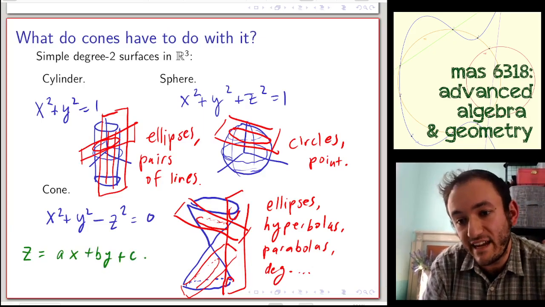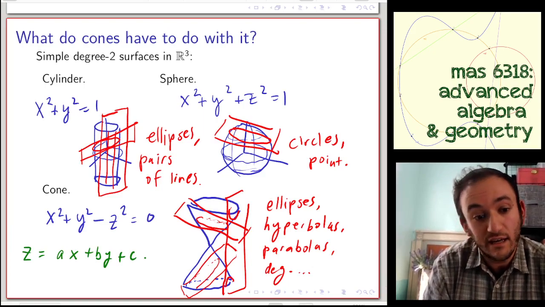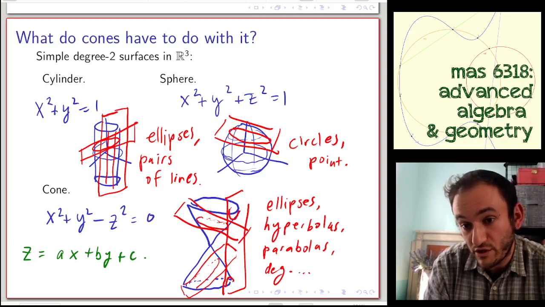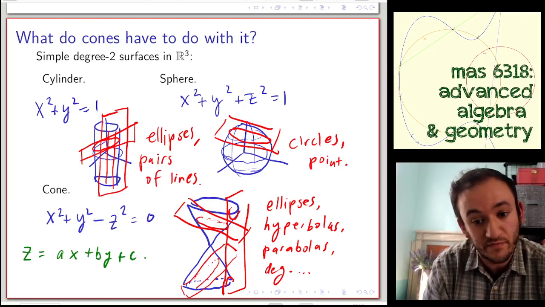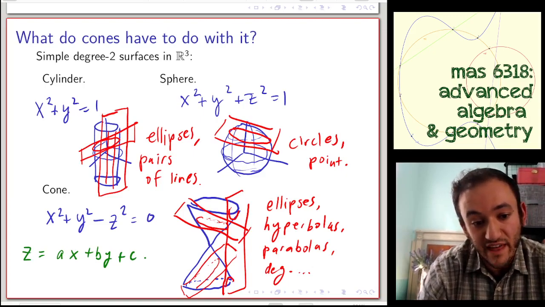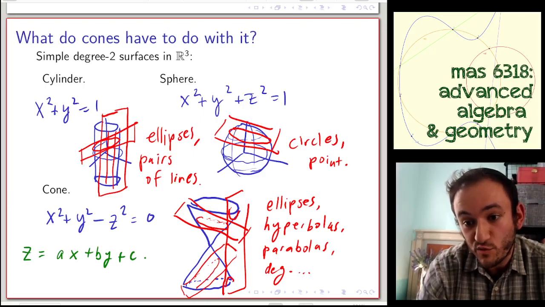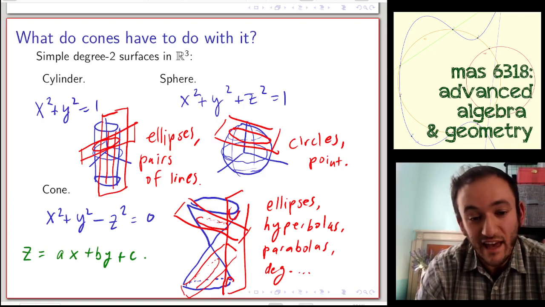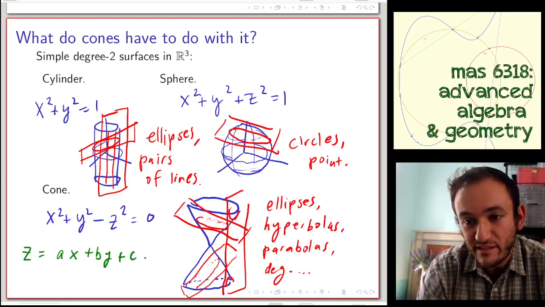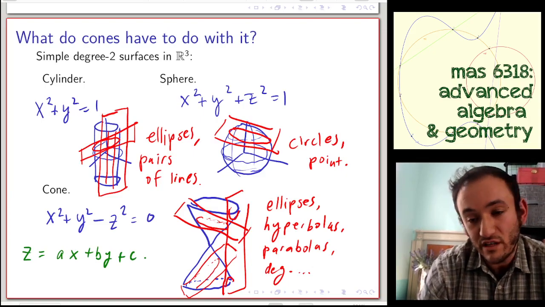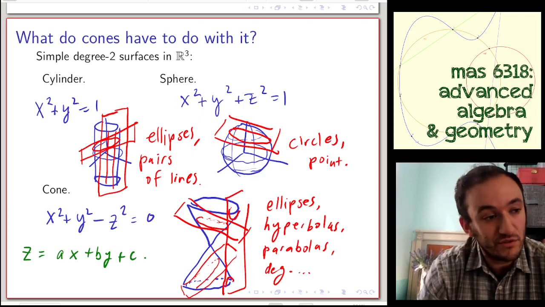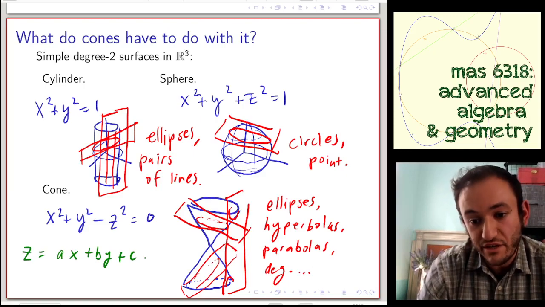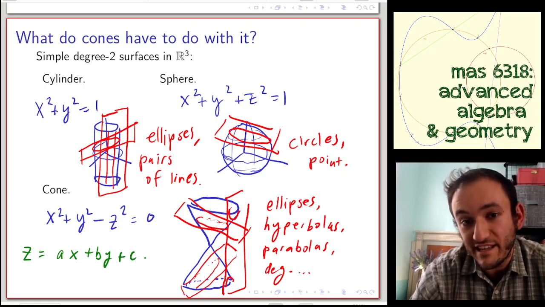And so plugging that in, you get the full generality of quadratic equations in two variables. And so that is the reason that we've been talking about conic sections, and we'll talk more about their geometry and about some of the cool constructions that you can do to understand their geometry, in particular the Dandelin spheres, in the next lecture. Thanks.